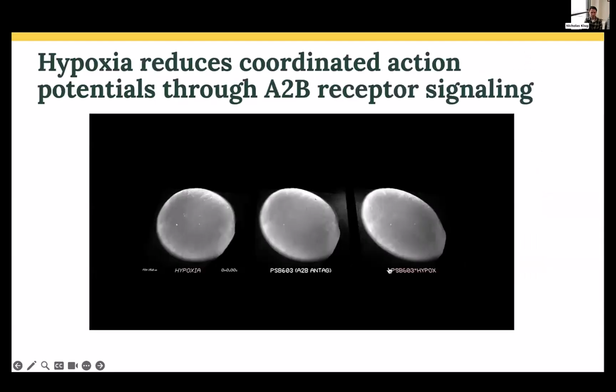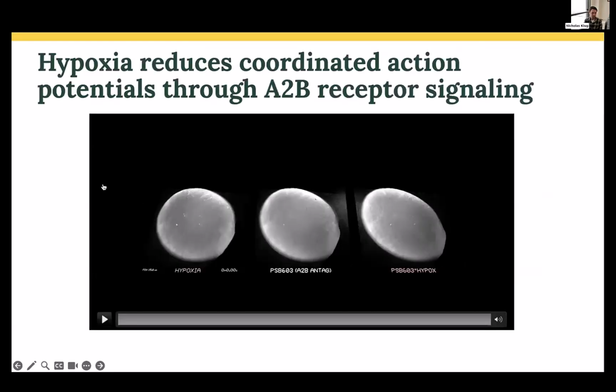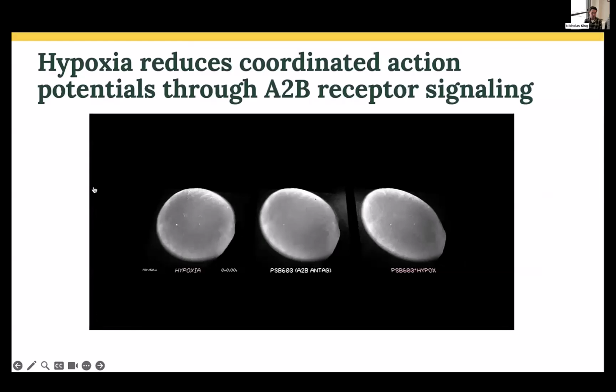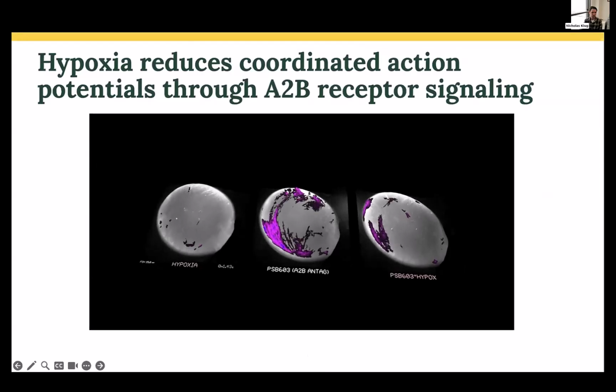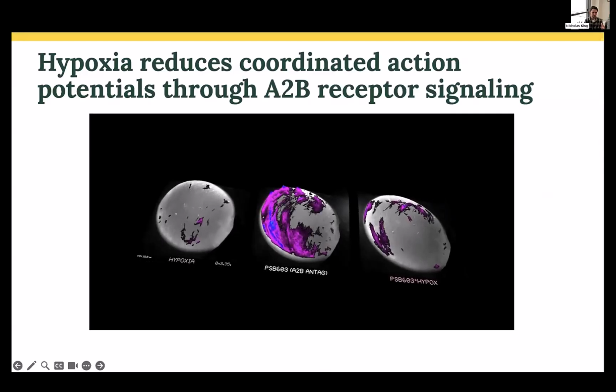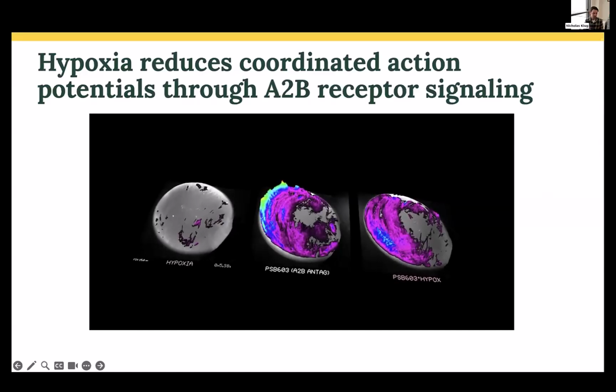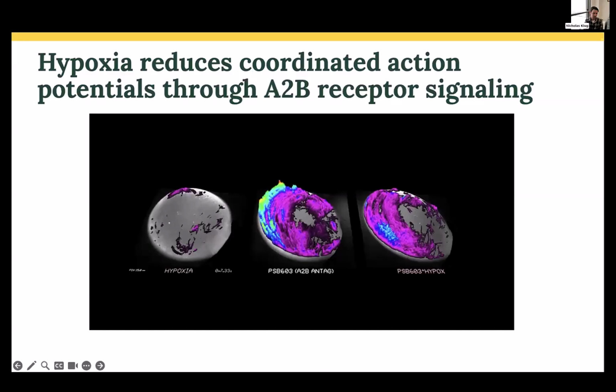We also did the calcium imaging as well, and missing from this video is the control condition, but you can see here that hypoxia has a potent effect on these action potentials occurring across the bladder surface.